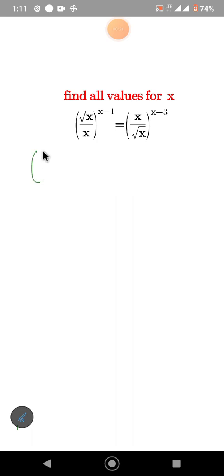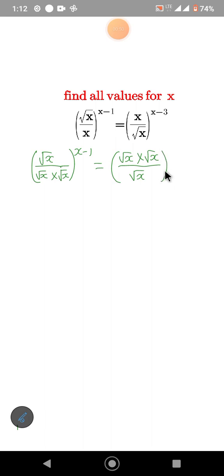So here will be root x all over, this x will now become root x multiplied by root x, everything raised to the power of x minus 1, equal to, I'll do the same here. Here will be root x multiplied by root x all over root x raised to the power x minus 3.